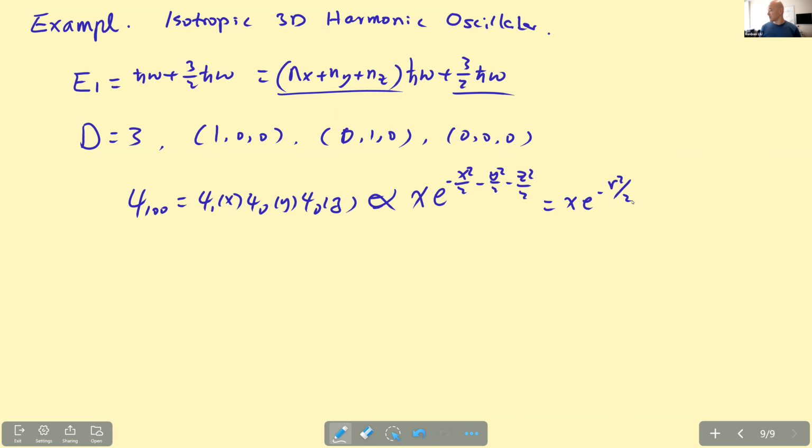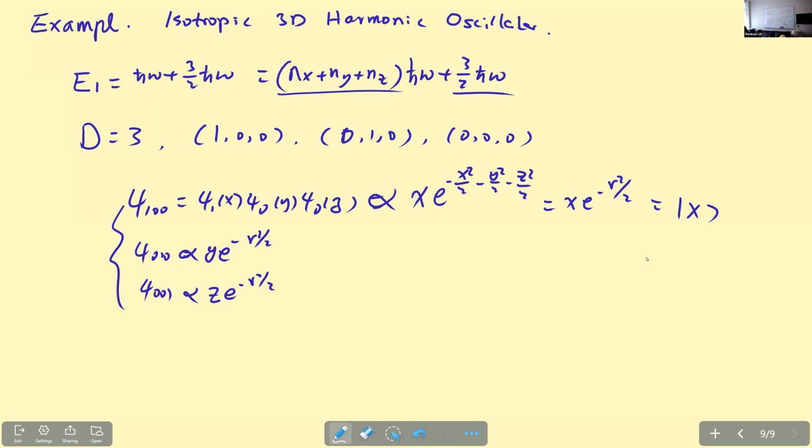Similarly, psi 0, 1, 0 is proportional to y e to the minus r squared over 2, and psi 0, 0, 1 is proportional to z e to the minus r squared over 2, right? So let's call these x, y and z, because otherwise they're the same. The only difference is this x, so for shorthand notation let me just denote them as x, y and z.